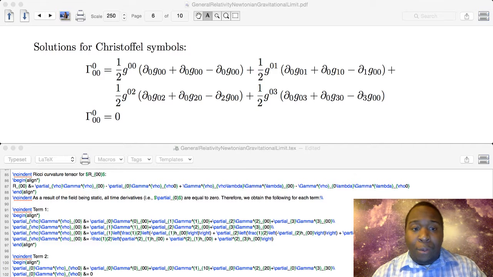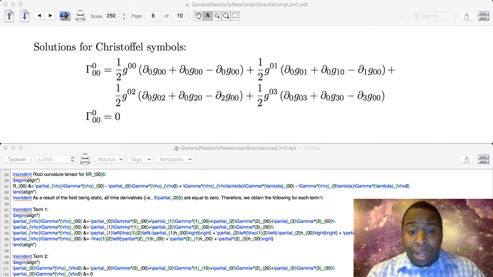And as you can note, this particular Christoffel symbol equals 0. The reason is that many of the terms here have partial derivatives, and the partial derivatives taken with respect to the 0th coordinate, the time coordinate, are automatically equal to 0.